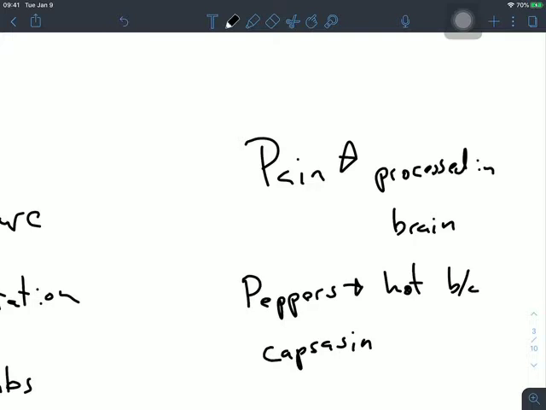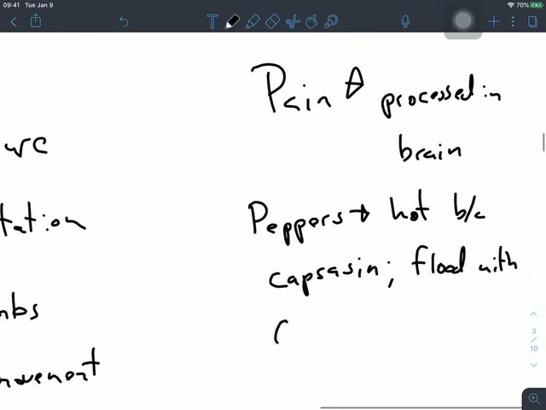Capsaicin tricks your receptors on your tongue to be flooded with calcium. Now, calcium gets flooded in when those mechanical receptors are detecting changes in heat. They're literally feeling as though you just pressed your tongue against a hot iron.